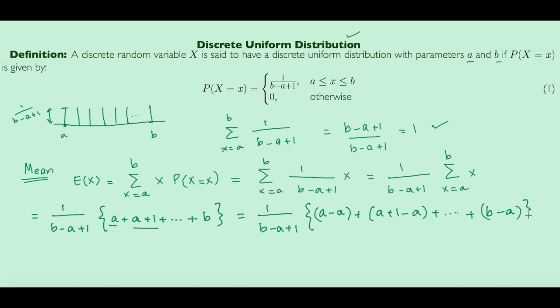And since I am subtracting so many a's, I have to add that many a's back. So how many a's are there? We have this number of a's because we have this number of terms.